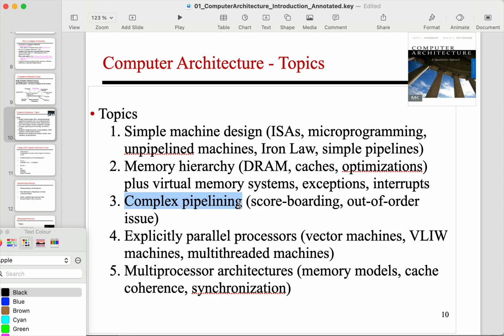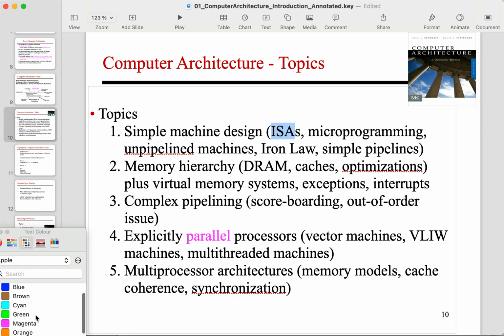Okay, so then we have complex pipelining. Explicitly parallel processors like the ones we have discussed. How are these applications going to run in parallel? Is the application programmed to be run in parallel? Or are we going to run two separate applications in two separate cores or two separate processors in parallel? What do we mean by parallel?